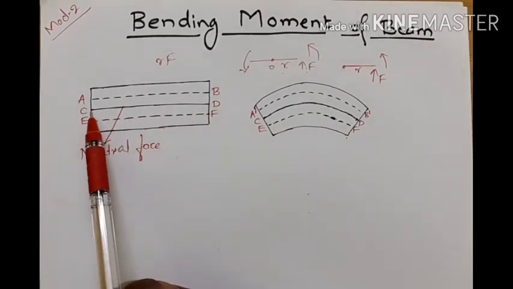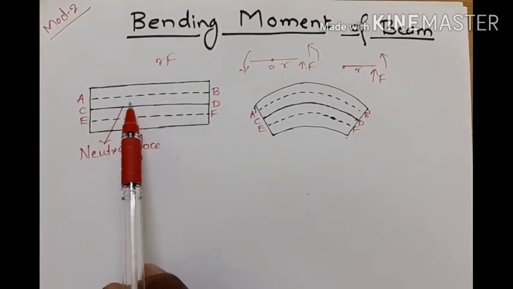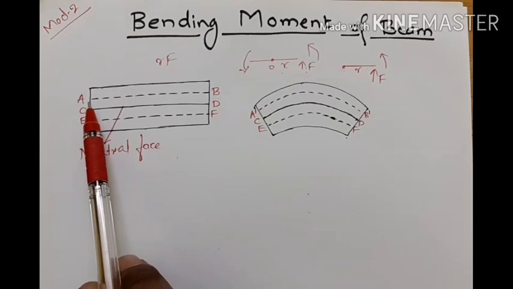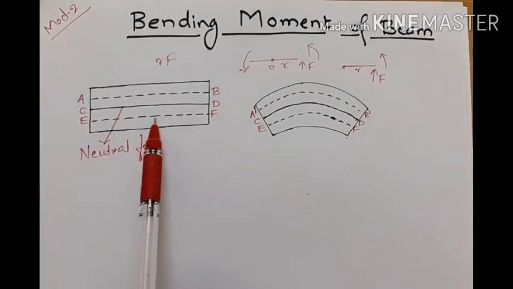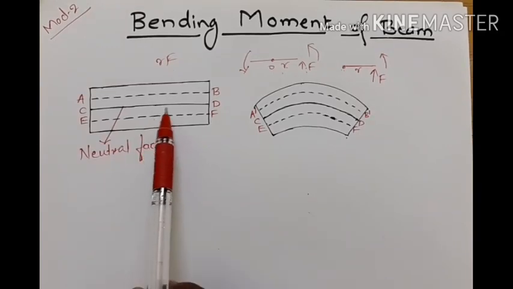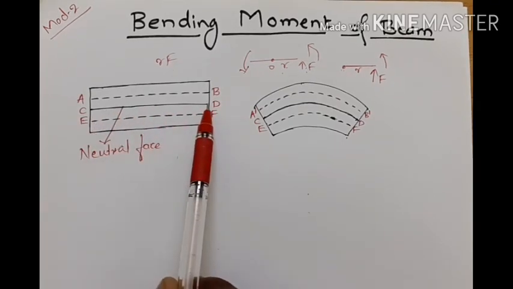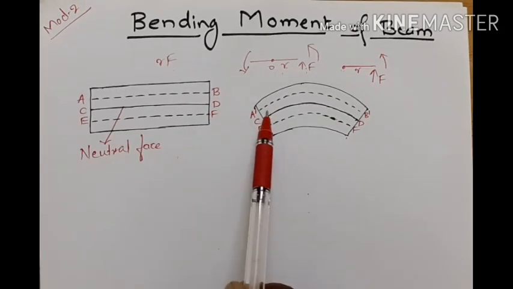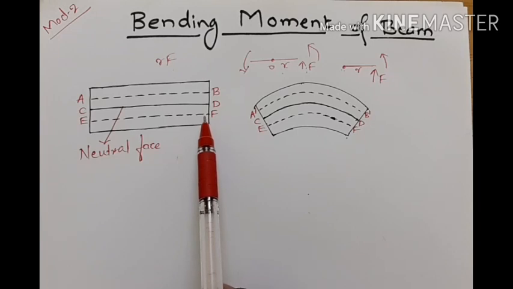What it means is that there will be so many planes here. For representation purposes, I have taken the AB plane and the EF plane. After bending, all the planes above this CD are going to elongate, increasing their length, and all the planes below the CD are going to contract or compress.